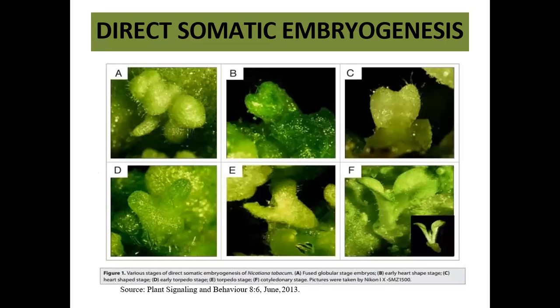So you can see the various stages of direct somatic embryogenesis, which start with a fused globular stage embryo, then an early heart-shaped structure, an early torpedo stage, an advanced torpedo stage, and finally the catenary stage.